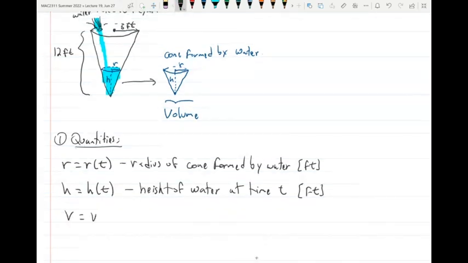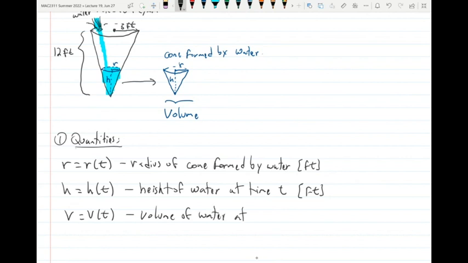And then V is the volume of the water, or volume of the cone, right? So this is also a function of t. The volume of water at time t, and this is given in cubic feet. Everybody okay?